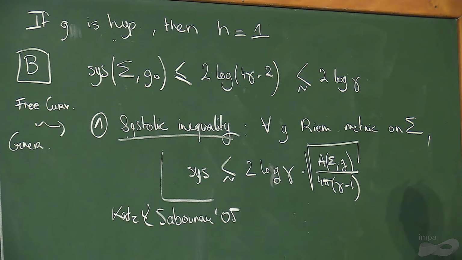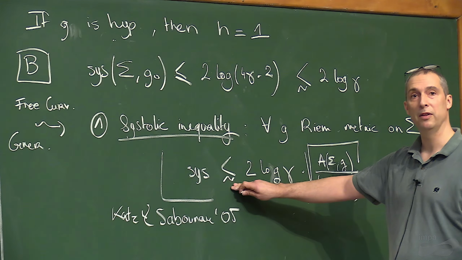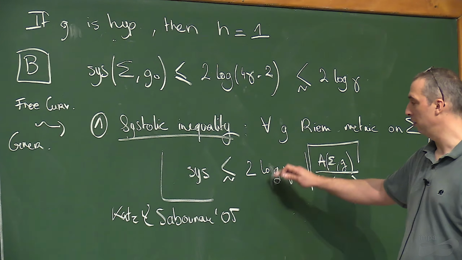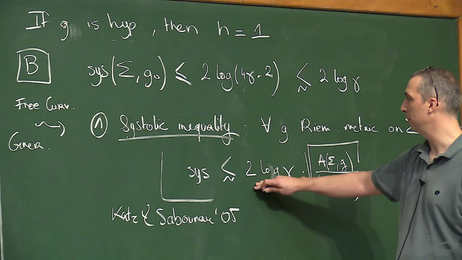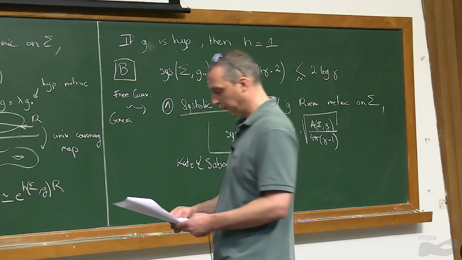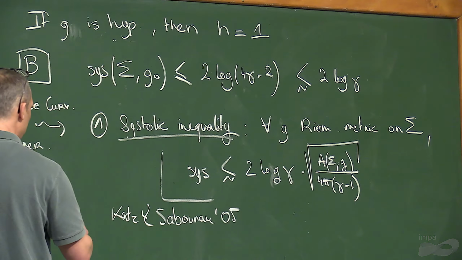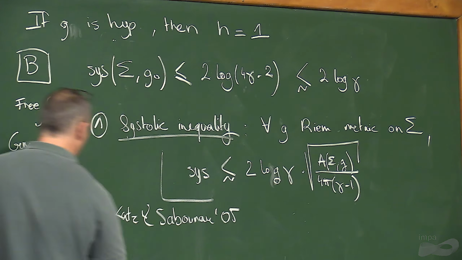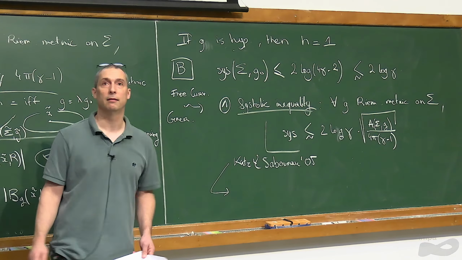Let's just mention that Gromov found that the systole was bounded by the log of the genus with some constant, which was not as optimal as this one, previously in his filling paper.